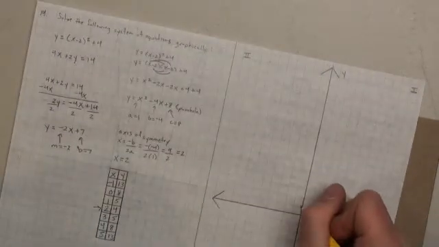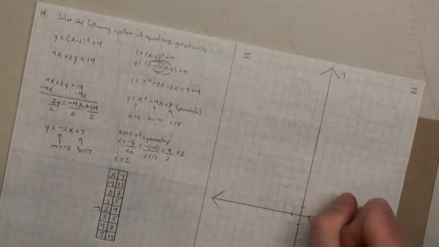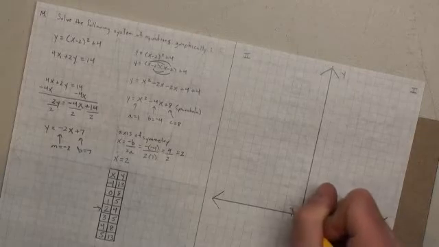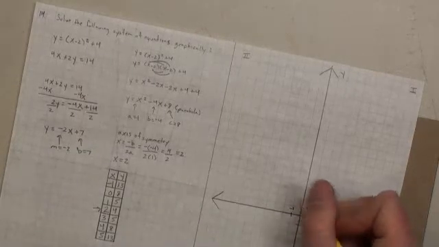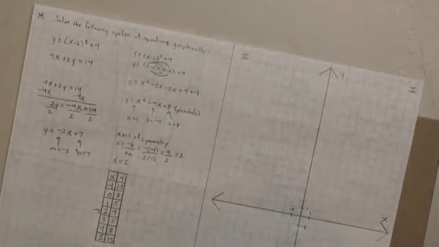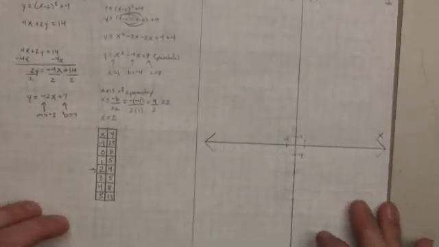And we also have to draw our scale. And we're going by ones in each direction. Okay. Now we could start graphing.